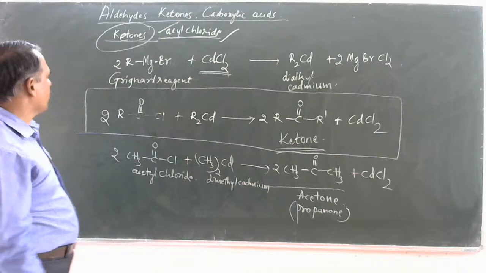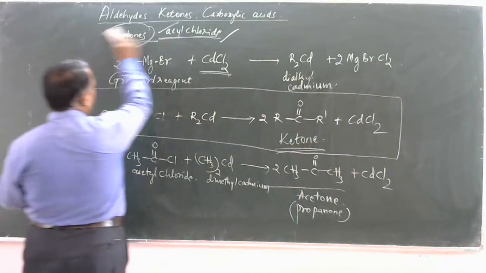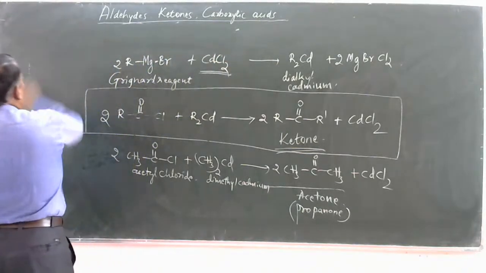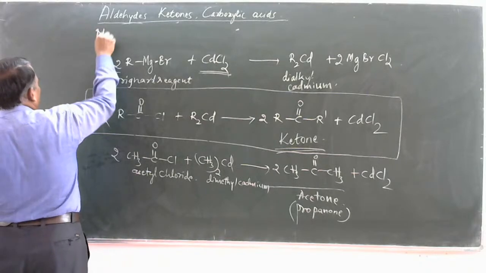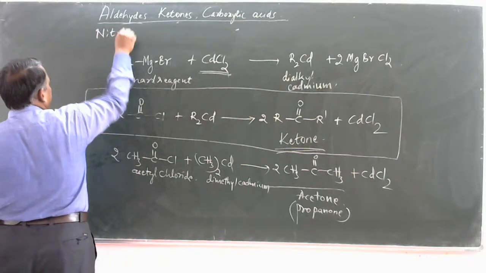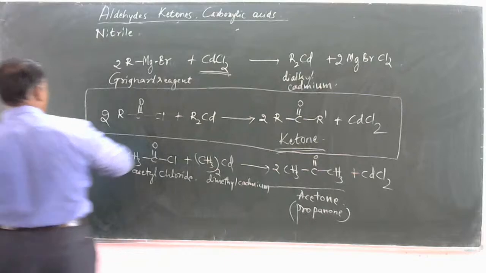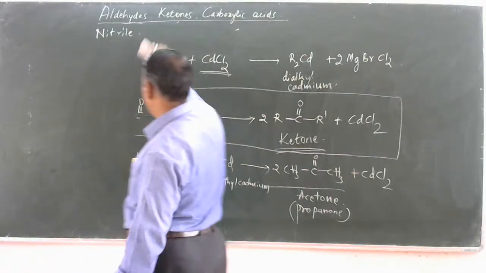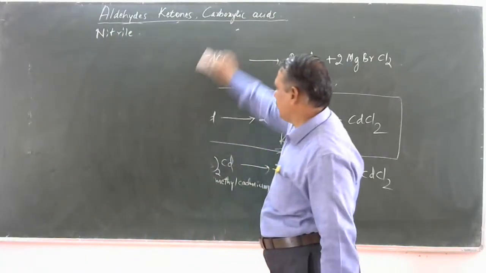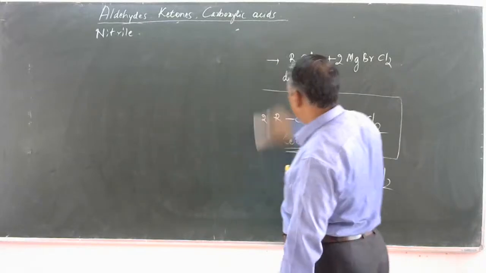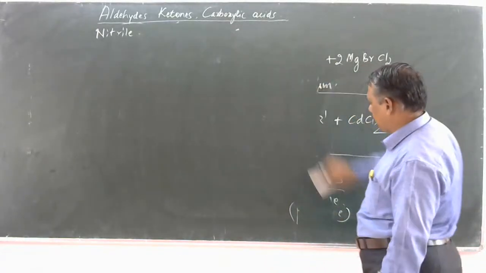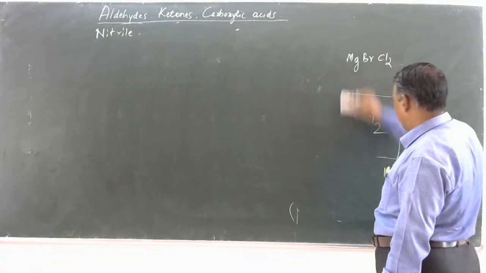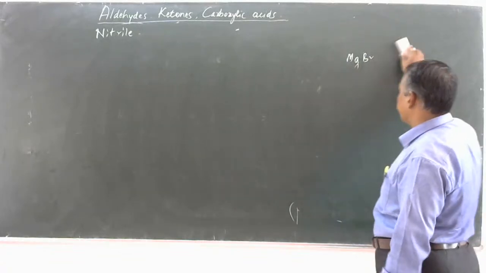Okay, next we have to continue our discussion on preparation of ketones from nitrile. You know the functional group nitrile, which is CN.